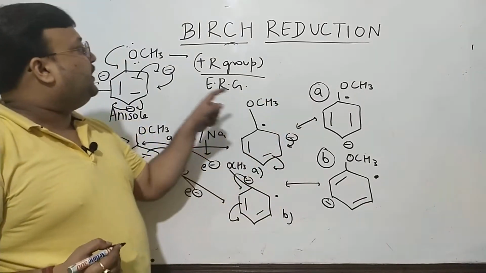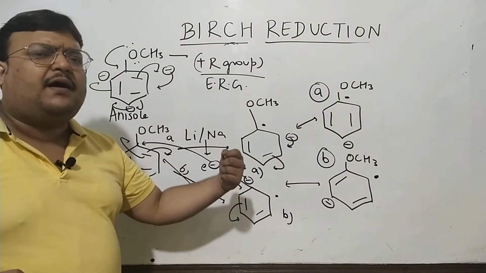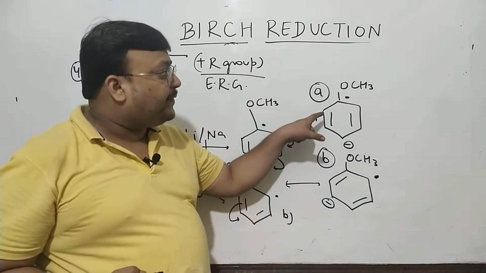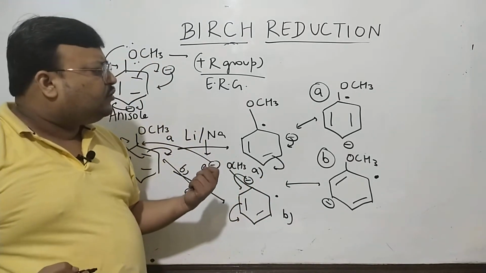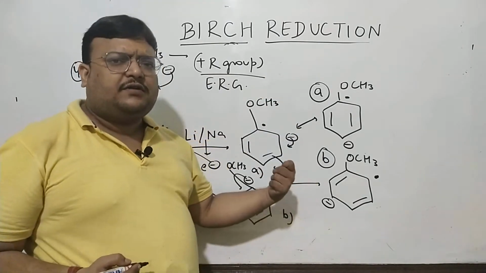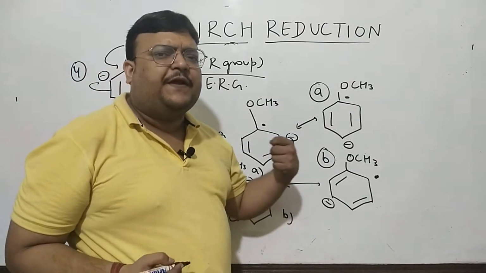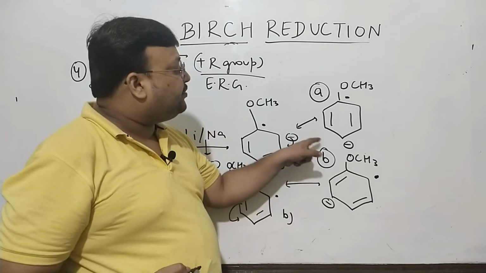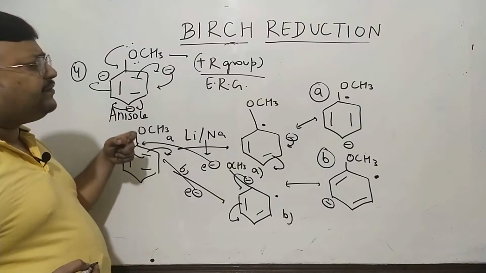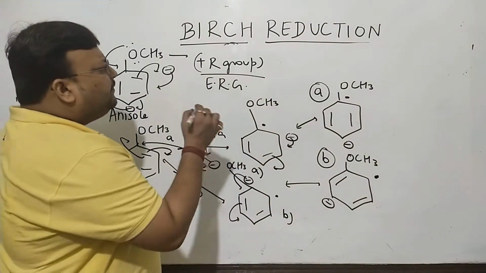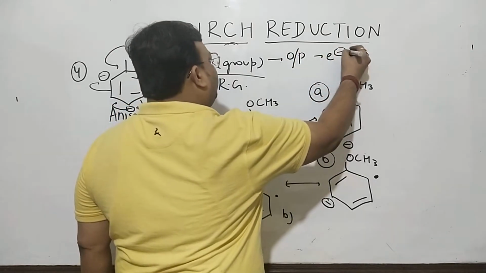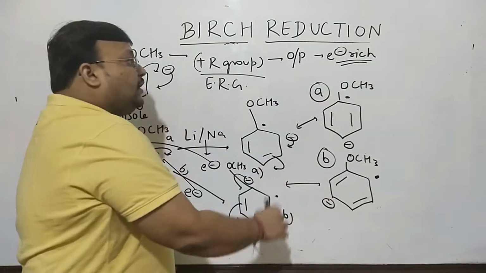Now go back to the initial information. OCH3, plus R, has already kept ortho and para positions electron rich. So a mechanism where ortho and para positions get more negative charge is not favored, because they are already electron rich and high on electron density.